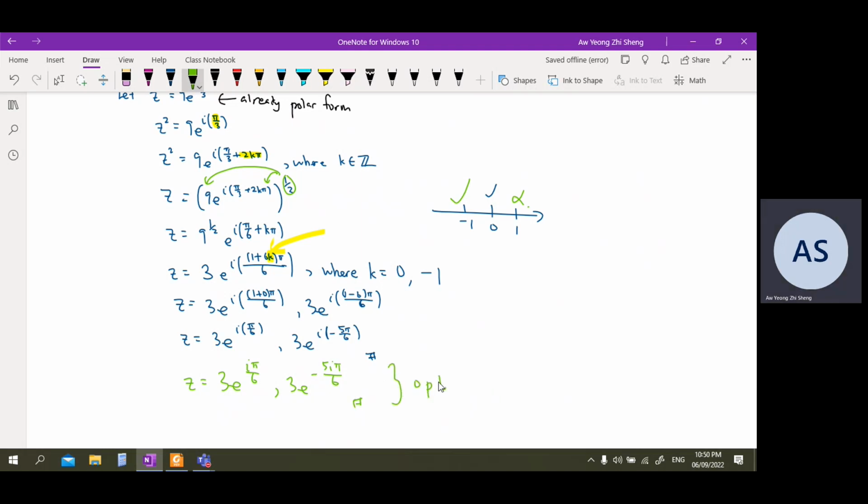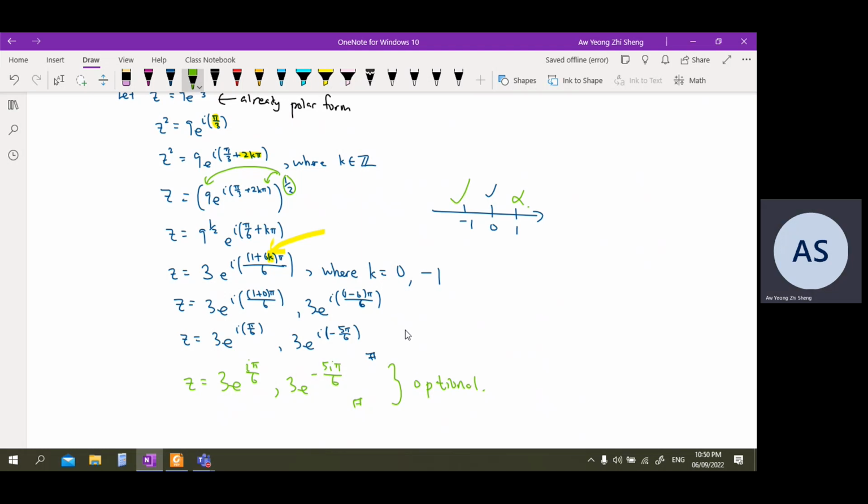This last step is optional. Right, so that's all for this question 1.